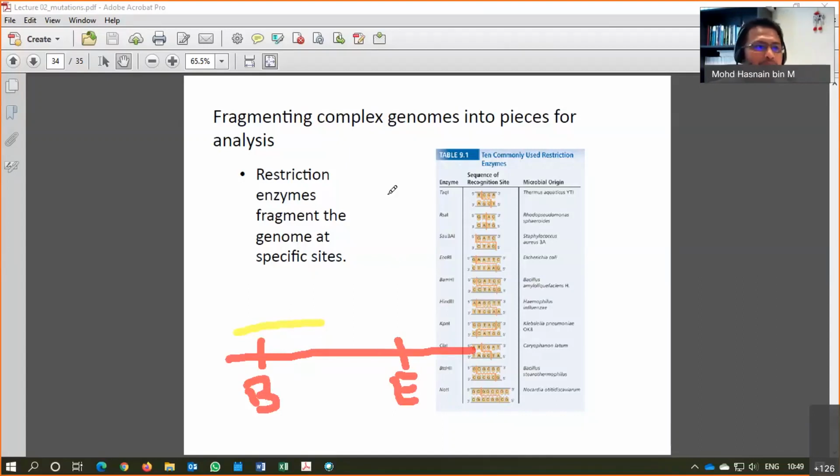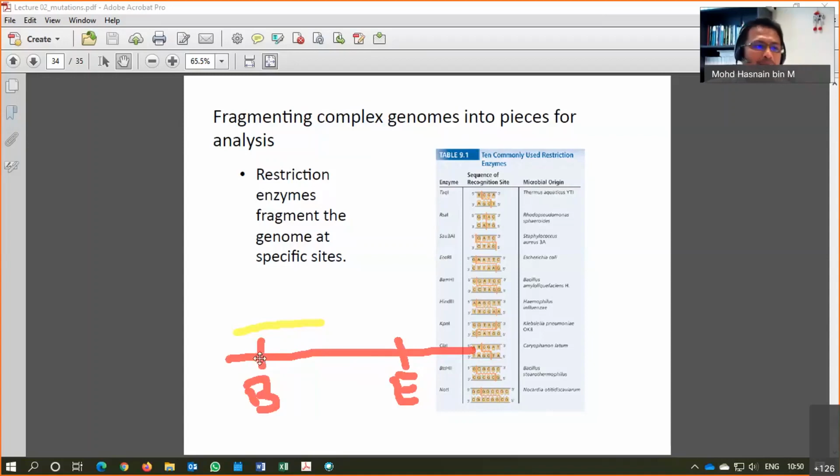If I use one enzyme, BAMH1 only, on this long DNA, it will only cut at this position. In another tube, with the same DNA, if I use EcoR1, it will cut only at this position, and this one will be left out because it is a different sequence.